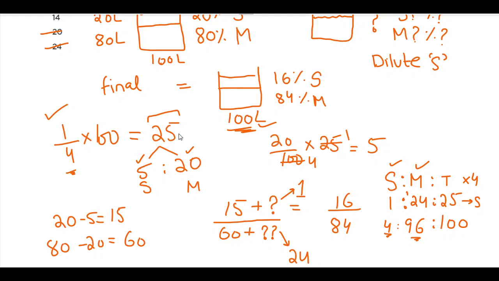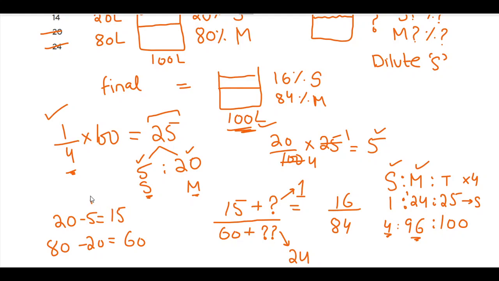So if 25 was removed, the question is how many S or how many M it had. What I used is the given percentages. I took the 20% of 25, it gives me 5, and the remaining is going to be 20, because 5 needs 20 all the way to get to 25. So in that 25, which is 1/4, I have 5 of S and 20 of M.